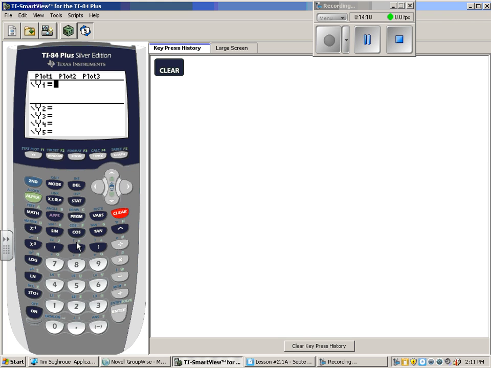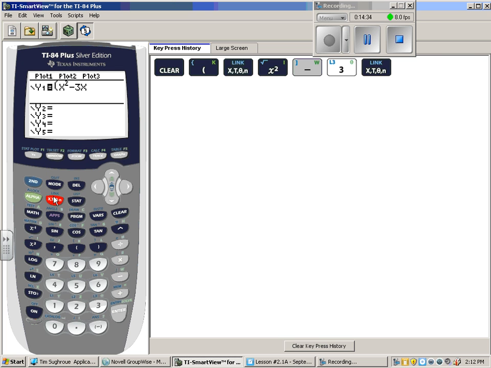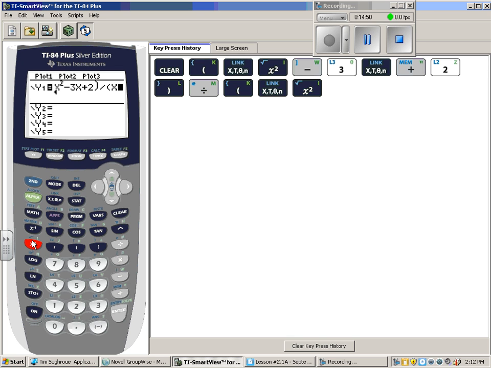Parentheses, x squared minus 3x plus 2, close the parentheses, divided by parentheses x squared minus 1, close the parentheses.